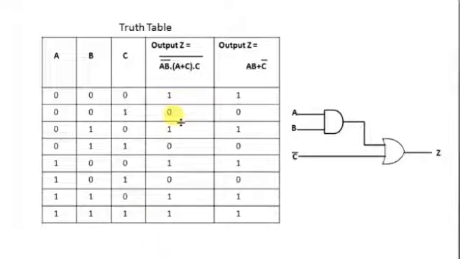The output will be 1 0 1 0 1 0 1 1 for this expression, and for the other expression you can see 0 0 0: AB is 0, and C is 0 but with a bar, so it will be 1. Same, you can verify with all the combinations and you will get the same outputs. You can see 1 1 0 0 and all are the same. So in this way we can reduce a complex circuit to a small circuit.